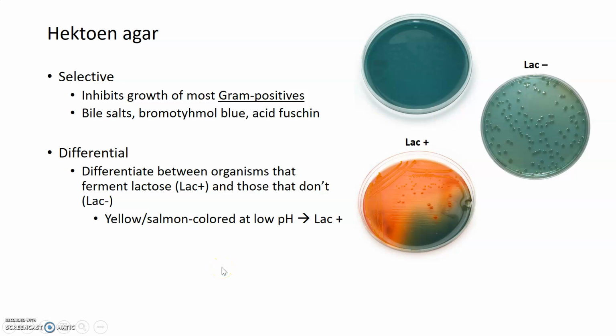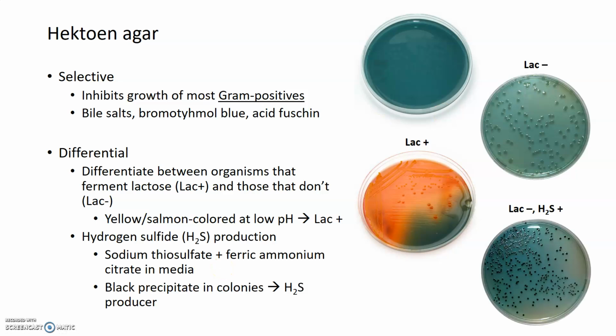And Hektoen is interesting because it can also differentiate between bacteria that can produce hydrogen sulfide and ones that can't. In addition to these dyes as well as bile salts, Hektoen contains sodium thiosulfate and ferric citrate. These compounds can interact with hydrogen sulfide and produce a black precipitate in the same way that TSI agar can.